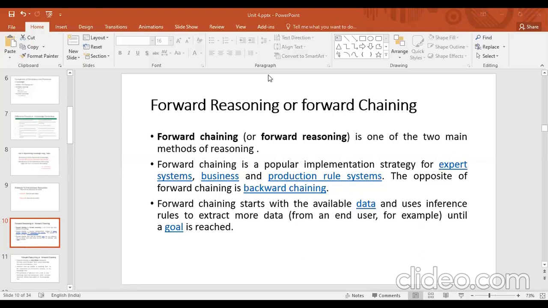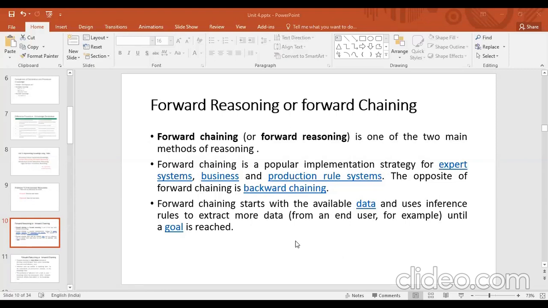Now forward chaining starts with the available data and uses inference rules to extract more data until a goal is reached. It means you have to start your problem solving with some initial fact or data related to your problem.